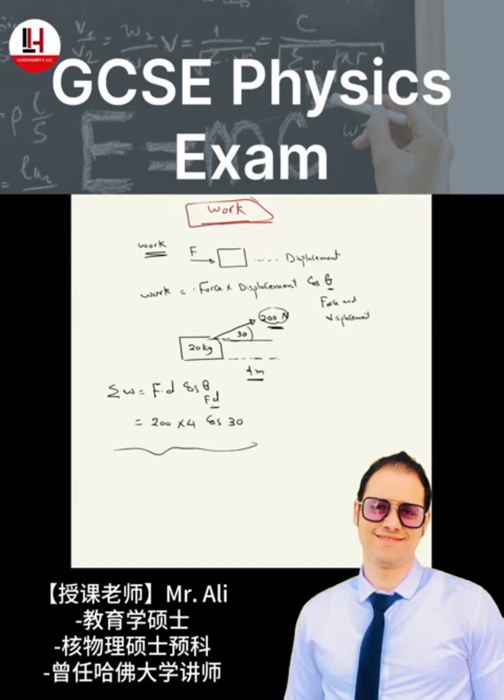Okay, good. We got work. And what's the unit of work? Look at this. The unit of work is J, joule. But this is not the common one. The most important one is the SI unit for work, which is kilogram meter squared per second squared. Also, this is the SI unit for energy.